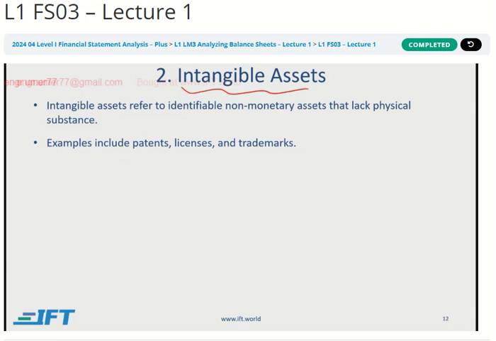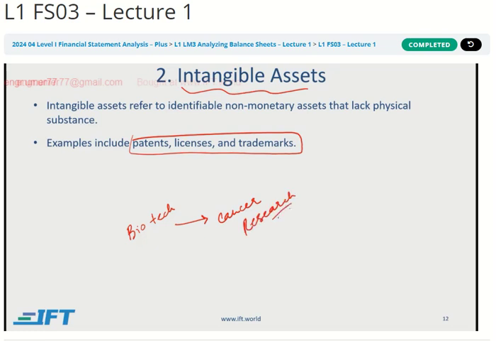Now, intangible assets are something you cannot touch, such as patents, licenses, trademarks. And I like to give the example of a biotech company doing research on the cure for cancer, right?